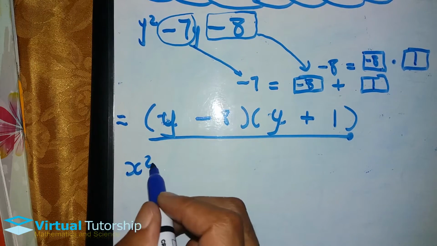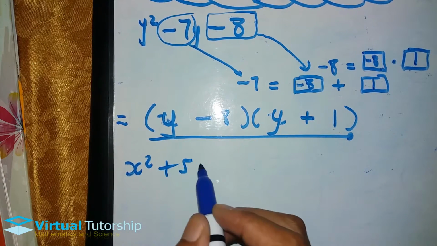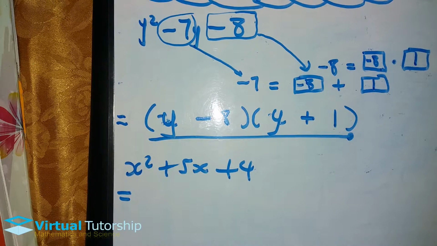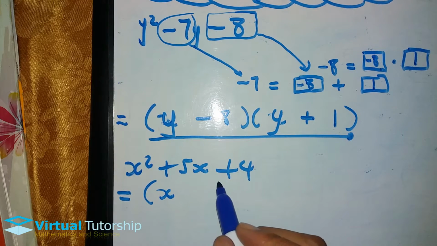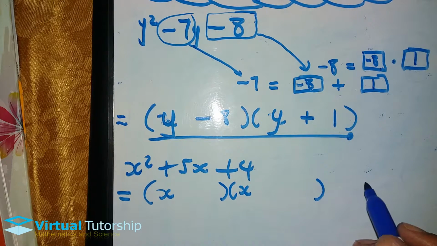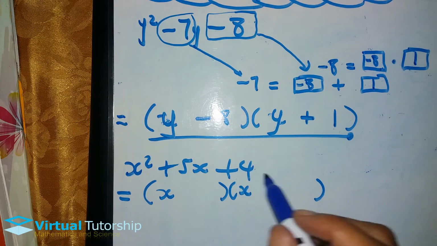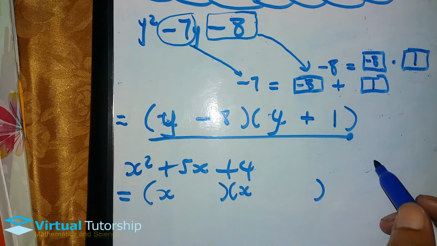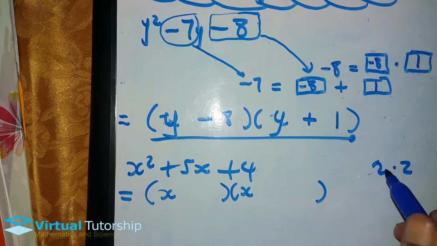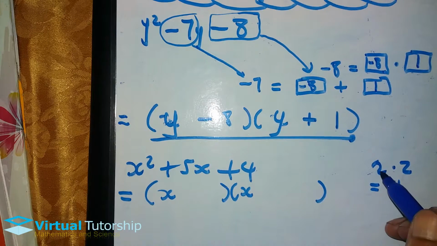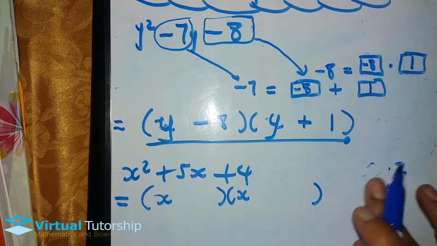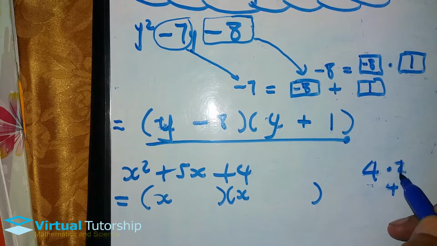It's x squared plus 5x plus 4. Alright, again here it's x. I want two numbers that multiply to give 4, but 2 times 2 gives 4, yet 2 plus 2 doesn't give 5. So my factors will be 4 and 1.